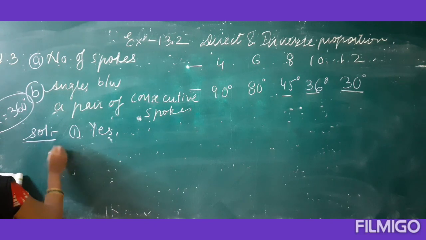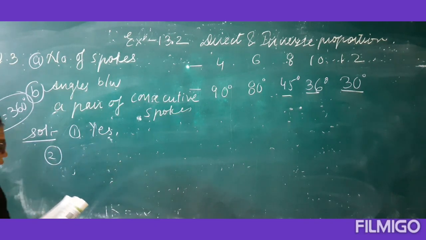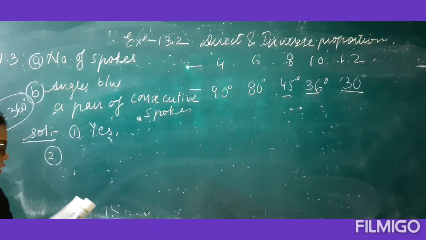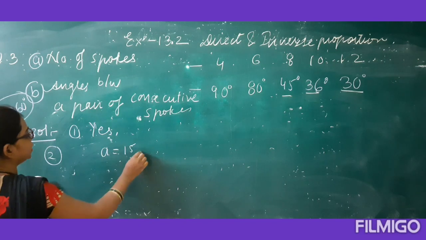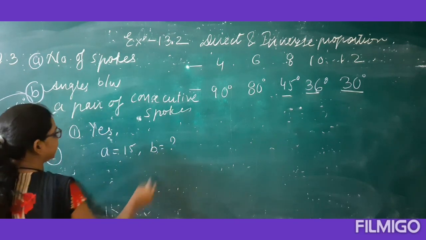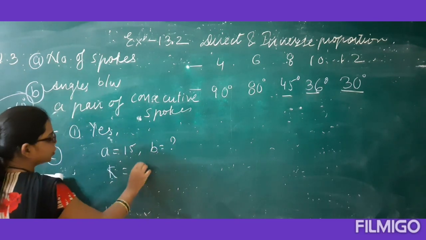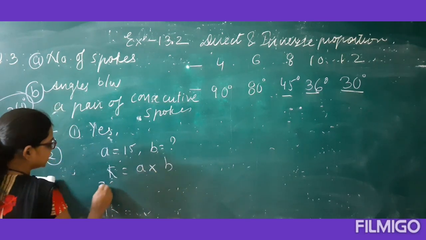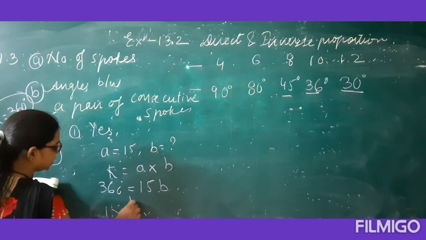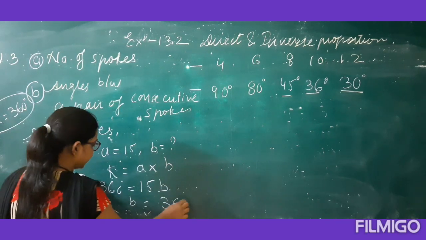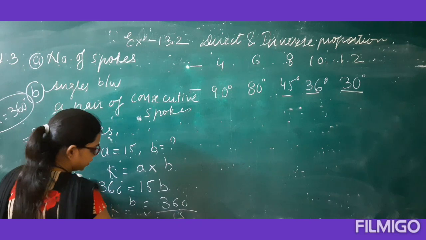Okay. Second, it is saying calculate the angle between a pair of consecutive spokes of a wheel with 15 spokes. Means what is given? A is given to you as 15. B you have to find out. So you know K is equal to A into B. K is 360 degrees, 15 into B. So B is equal to 360 degrees upon 15.